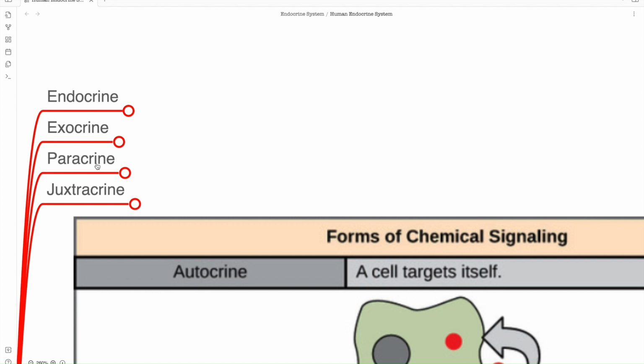The secretions of paracrine glands don't transport over a very long path. That means the target sites are present near the source of the secretion, whereas for the endocrine glands, the target cells are far from the source.